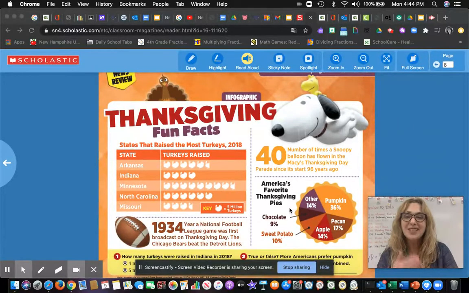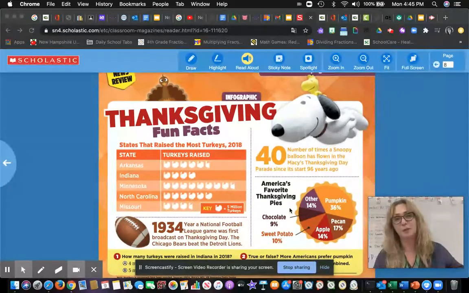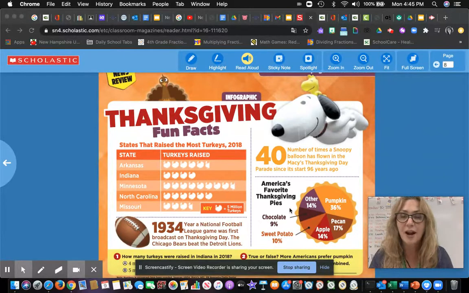And here are some things that I could say about the pie graph that we just looked at. Pumpkin is the most popular pie. The least popular pie is chocolate pie, which surprises me because it's one of my favorites. And pecan and apple pie, I'm kind of surprised at this statistic.